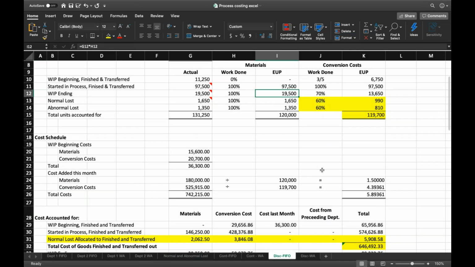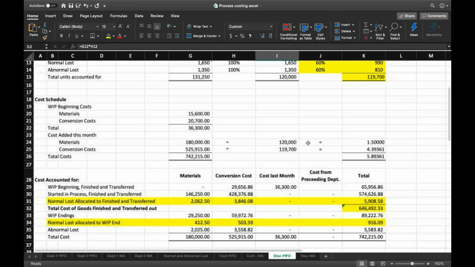Kung 70% done na siya, at bago siya umabot sa 70% at 60%, na-check na merong mga lost units. So therefore, yung work in process end natin, lumampas na ng inspection point at na-determine na merong mga lost unit. So therefore, kasama siya na mag-a-absorb ng mga lost unit na yon kasi lumampas na siya ng 60% inspection point.